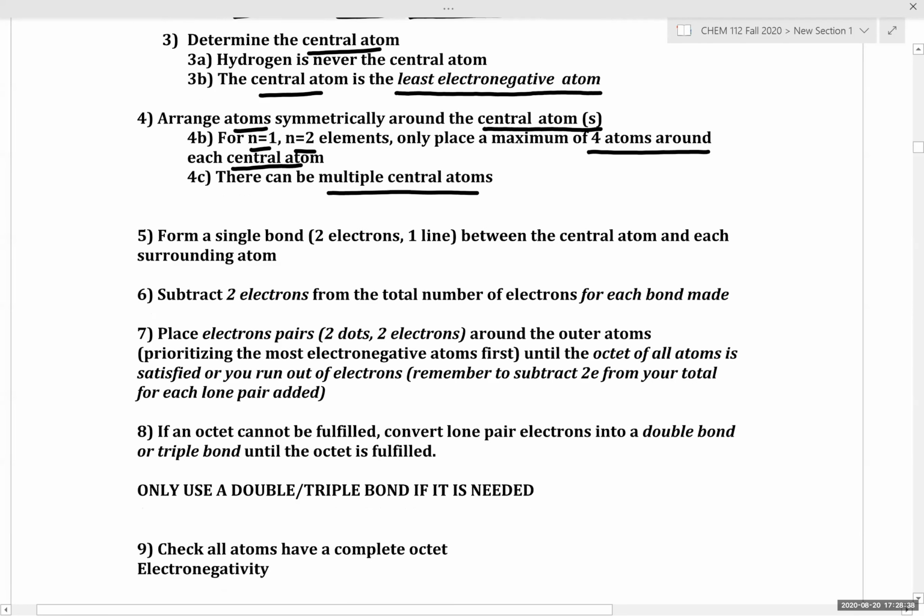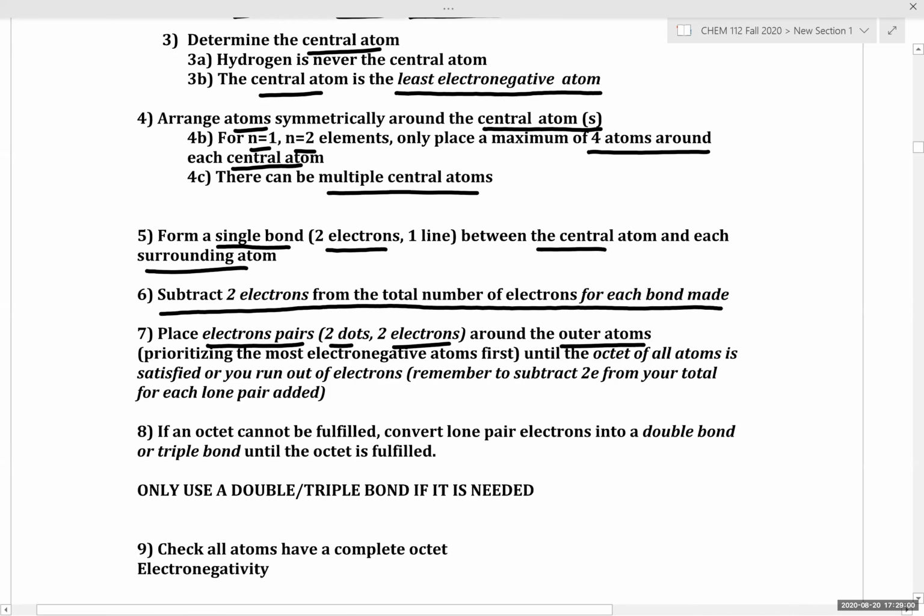Now, once you've arranged your skeleton, you're going to form a single bond between the central atom and each surrounding atom. And then you're going to subtract 2 electrons from the total number of electrons for each bond made. Once you've formed a single bond, you're going to place electron pairs, 2 dots, 2 electrons, around the outer atoms, generally prioritizing the most electronegative atoms first.